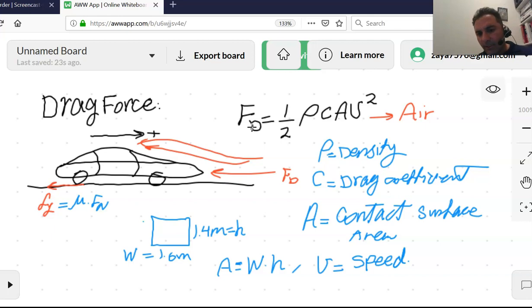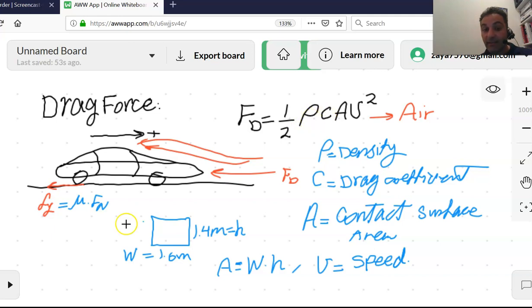For example, we also know that the density of air is 1.3 kilogram per meter cube. C, the drag coefficient, is close to 1.1, and it doesn't have a unit. So here rho is kilogram per meter cube.